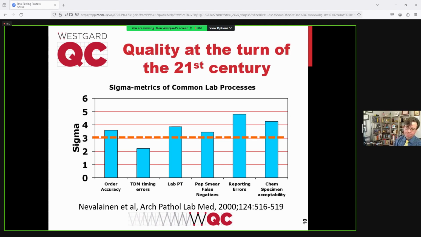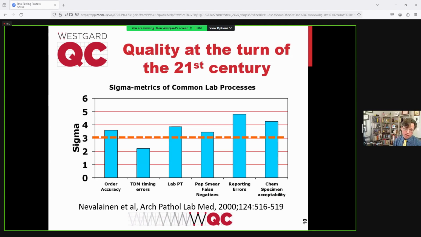So when David Nevalainen and his group did the first translation of quality processes into Six Sigma metrics, he looked at the College of American Pathologists CAP-Q probes. And so order accuracy, how did that translate? Well, it came out at about 3.5 sigma.